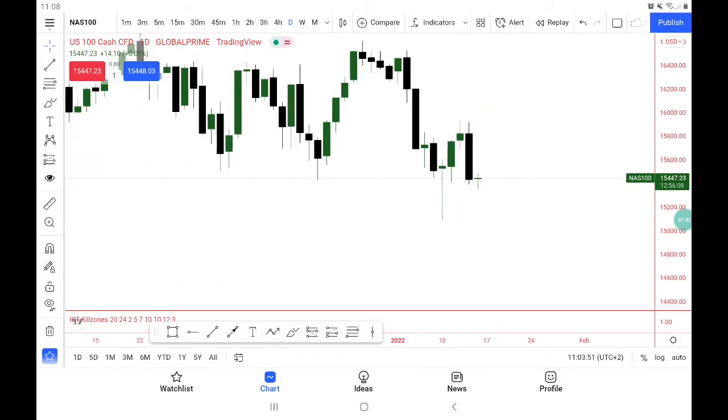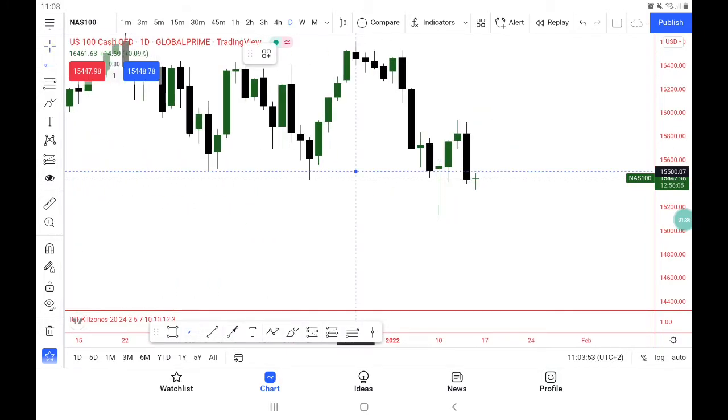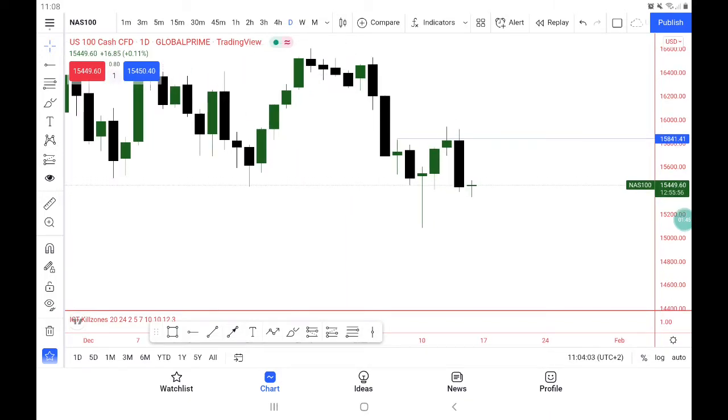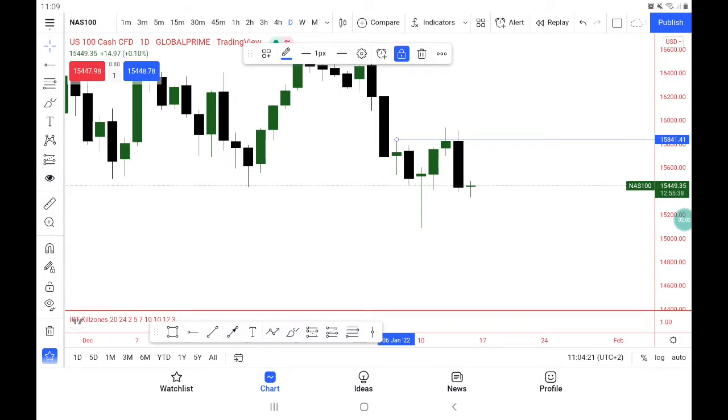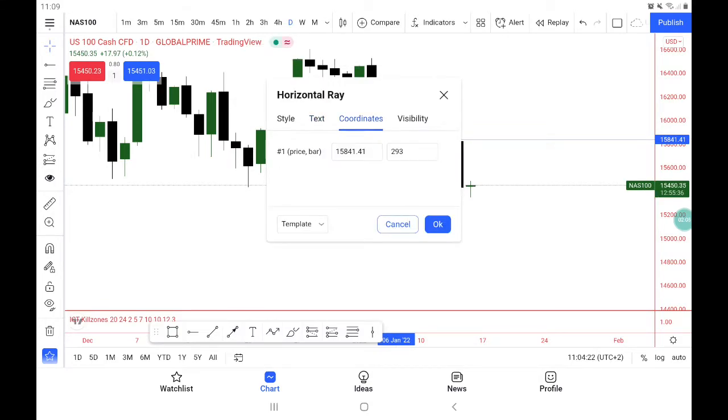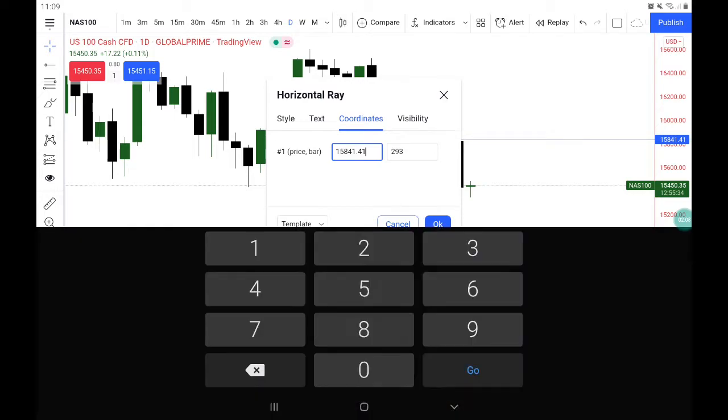On the daily time frame, we had a market that was trading into that high here. Remember, even the buy that I caught here, I wanted to take out the buys here and see the reaction from there. The high of this candle comes at 15833.48.